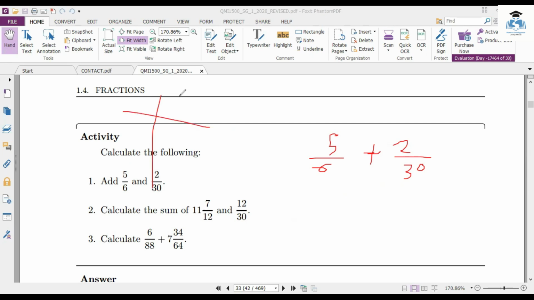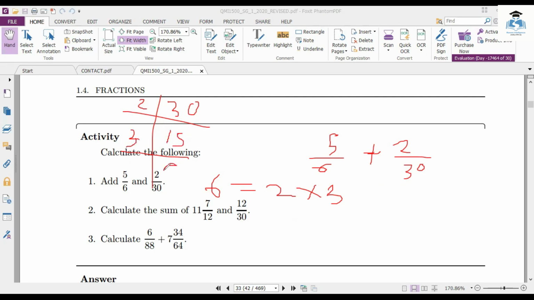So you have got 6, 2 into 6, 3, 3 into 3, 1. So for 6, we have got 2 times 3, right? Now for 30, 2 into 30, that's 15.